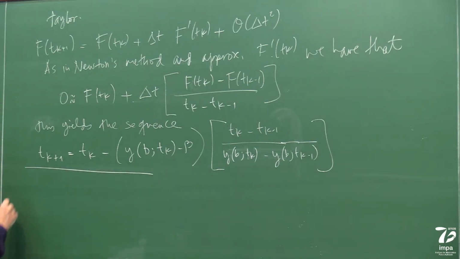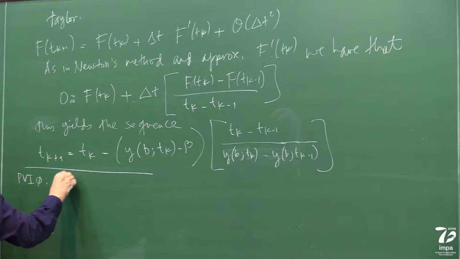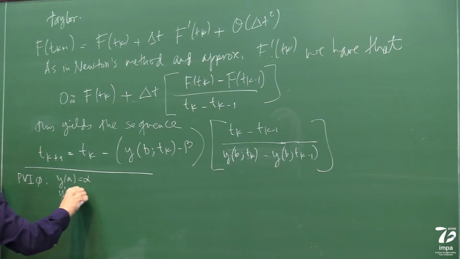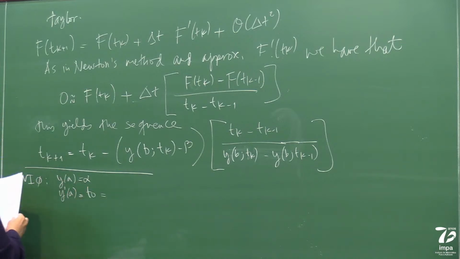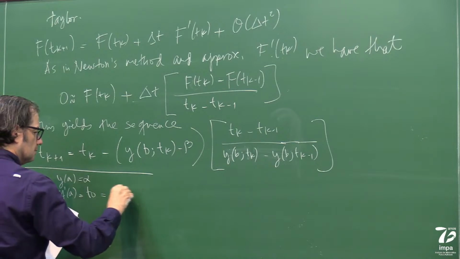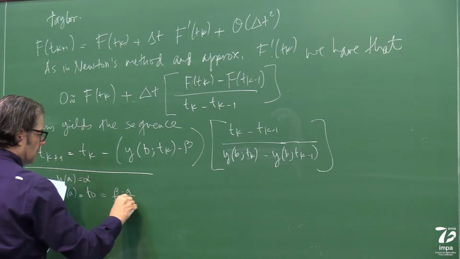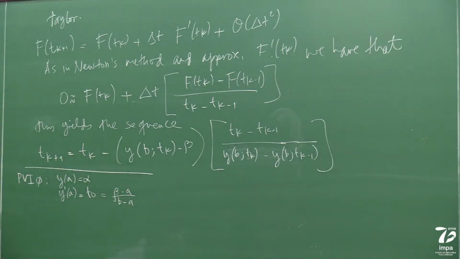And therefore, for the shooting method, in the notes I wrote like this, PVI 0, which is our first initial value problem. We can do this. We can call T0. If we don't have information, we just use the slope as if it was a straight line from one point to the other, right?